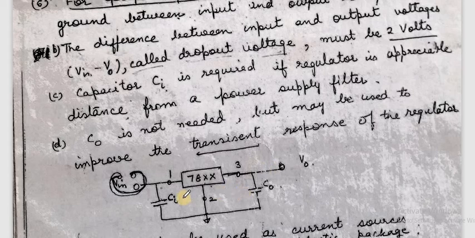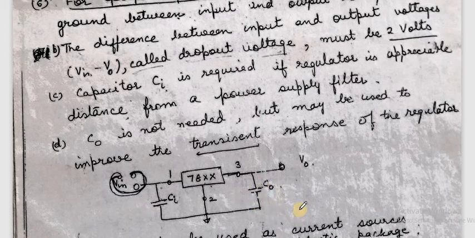I have also placed 2 capacitors, Ci and Co, in the input and output circuit. Capacitor Ci is required if the regulator is appreciably distant from the power supply filter. So these capacitors are not necessary, but they can be used whenever the regulator is at a distance from the filter of the power supply.